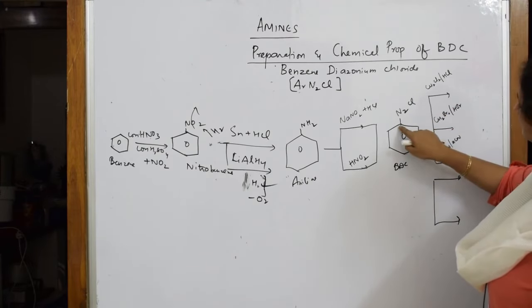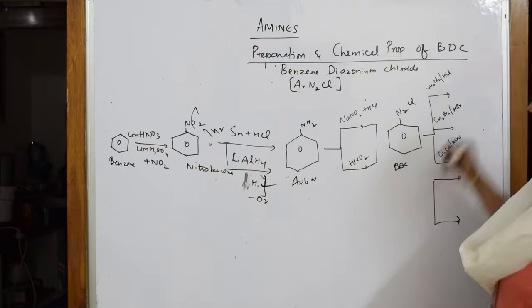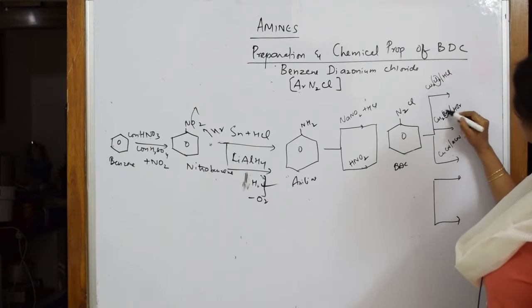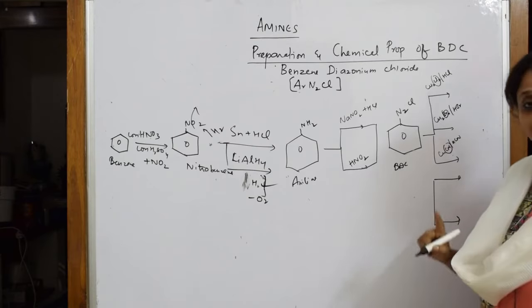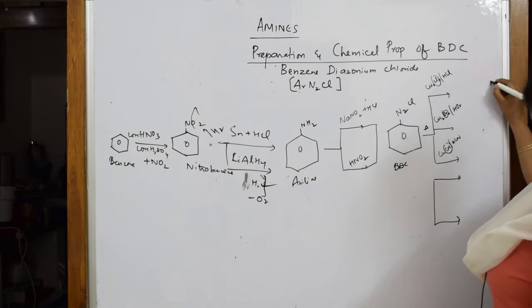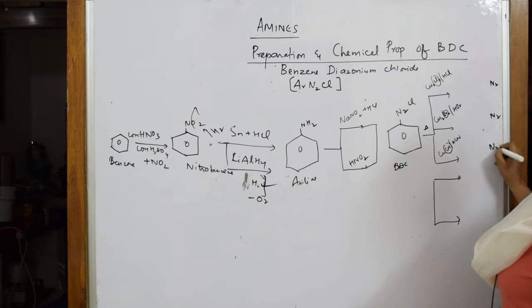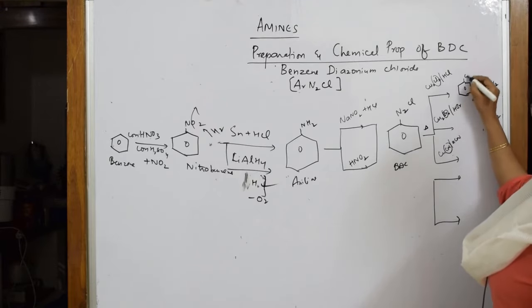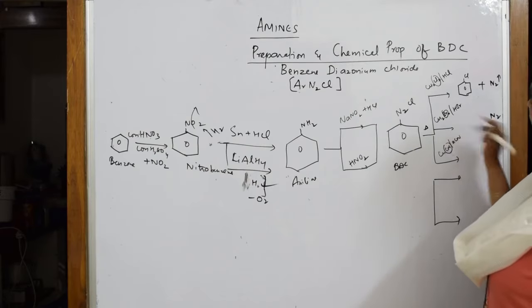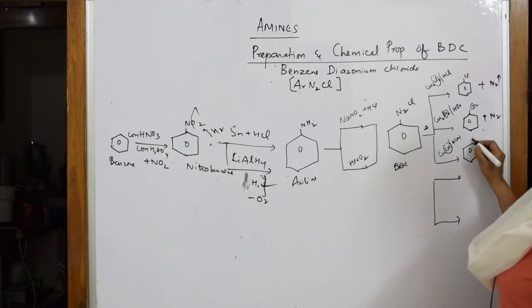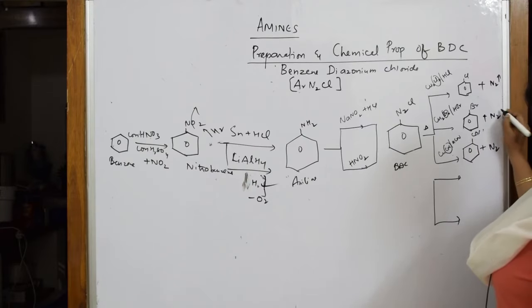As soon as you heat BDC with such things, here Cl minus, here Br minus, here CN minus, the nucleophile, will replace first when I heat this with these. Nitrogen gas escapes out everywhere. So this is going to form a compound called chlorobenzene. Here the nucleophile is bromine, so bromobenzene. Here cyano is the group which is going to attack, giving cyanobenzene.